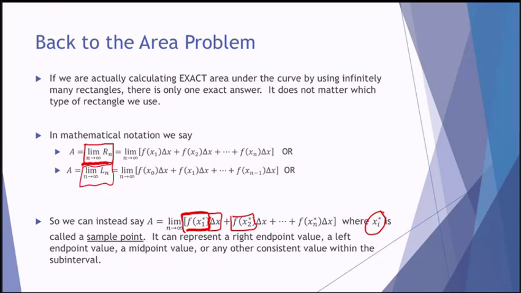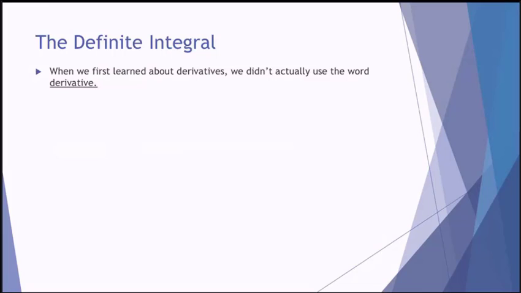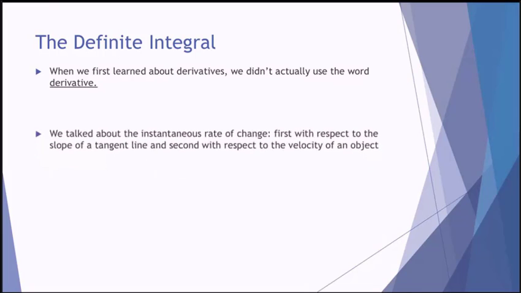So before we have that conversation about the exact area under the curve, I want to remind you of a conversation that we had more towards the beginning of the course about derivatives. Okay? If you remember, when we first learned about derivatives, we didn't actually use that word. What we talked about was, first we talked about average rates of change, like slope between 2 points, or average speed, or average velocity.